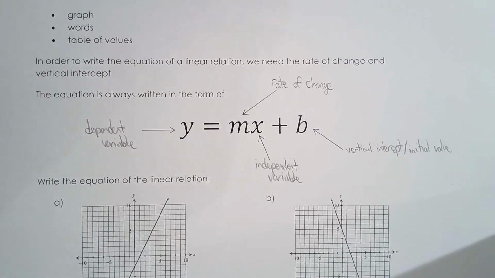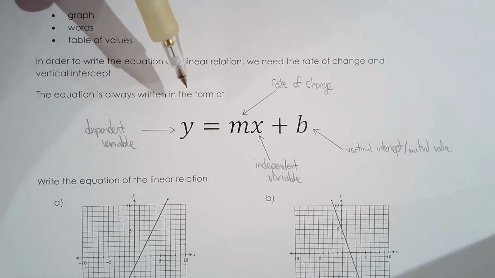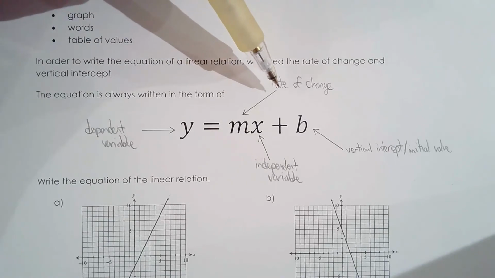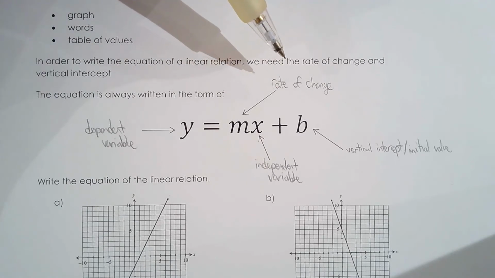Okay, and as you'll find later on, the equation of a linear relation is very, very powerful. It can help us answer many of the word problems. So one more time, to state the equation of a linear relation, you just need to answer two questions. What's the rate of change? What's the vertical intercept? And luckily, it's not that hard to find.